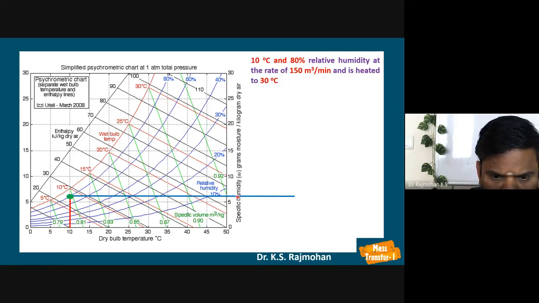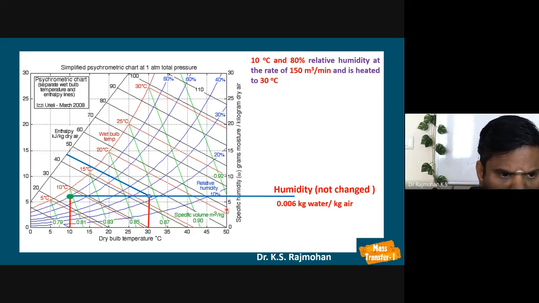So once you mark it, the corresponding value on the y-axis is where you will get the absolute humidity value, and final temperature is 30 degrees Celsius. So you can draw a line here. So if you mark that point again, that will give us the enthalpy. Final enthalpy can be given, and we can get what is the new relative humidity.